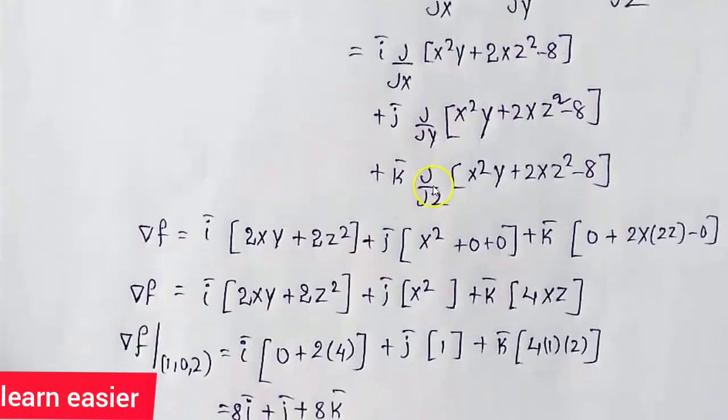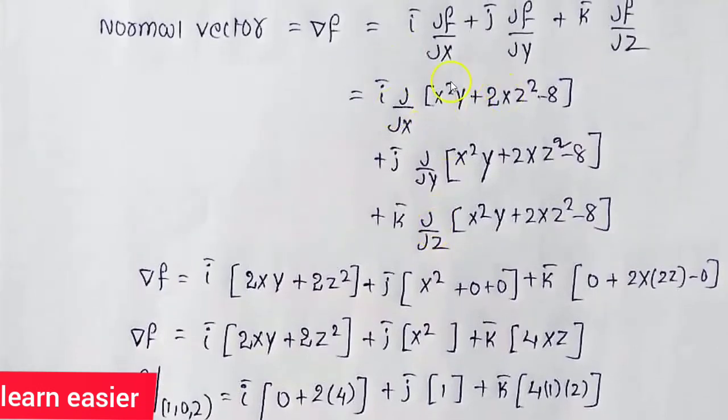After substituting, we have to differentiate function f with respect to x here, with respect to y here and with respect to z here. So first of all, we differentiate function f with respect to x by taking y and z as constants.